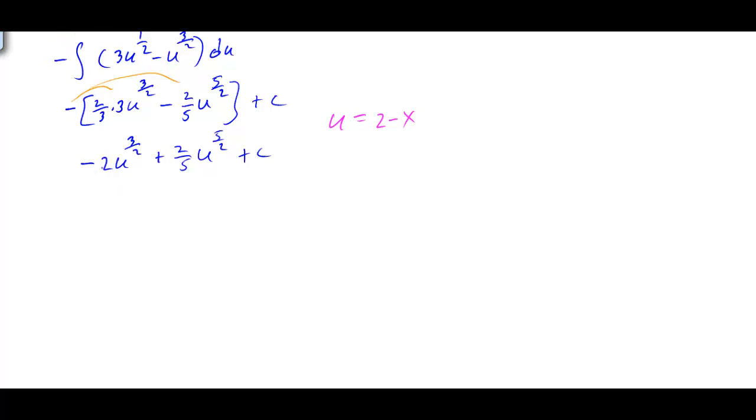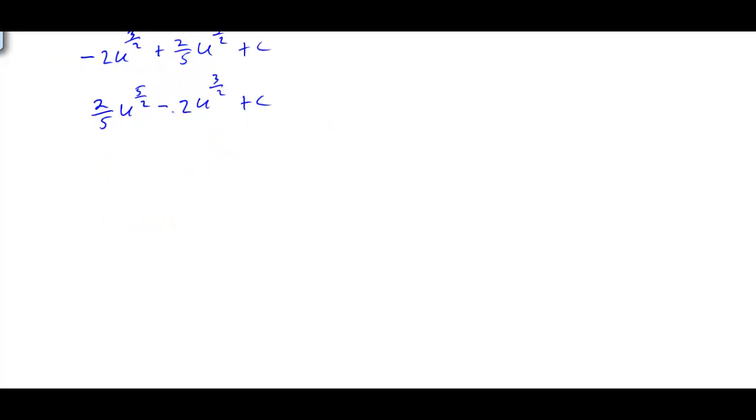Notice we have a negative out front. We could switch the order here so that we have the positive 2/5 out front. So we'd have 2/5 u to the 5/2 minus 2u to the 3/2 plus c. So that may look a little bit nicer. It's not necessary, but a lot of times mathematicians like to have the first term be positive.